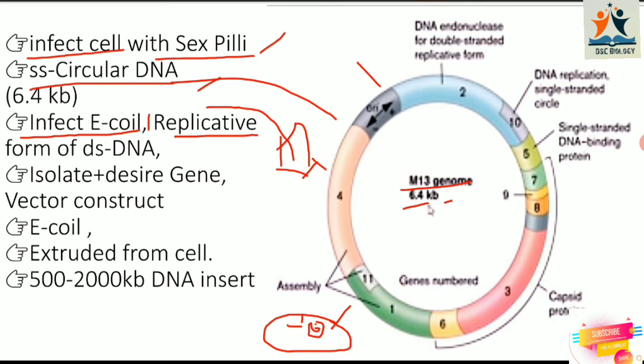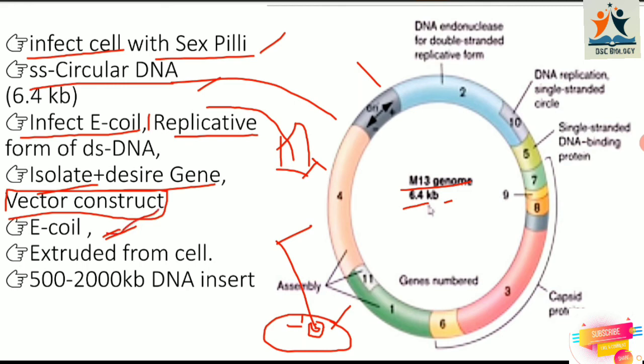After it is converted into double stranded form, at that time we isolate this double stranded DNA, and then we insert the desired gene into it and reconstruct the vector. That is then used for the transfer of the desired gene into E. coli, for the transfer of our rDNA.